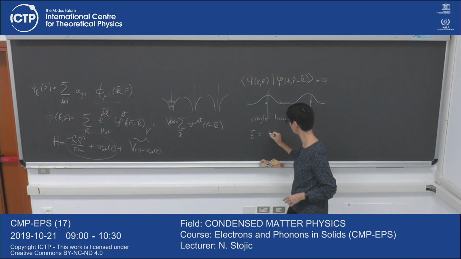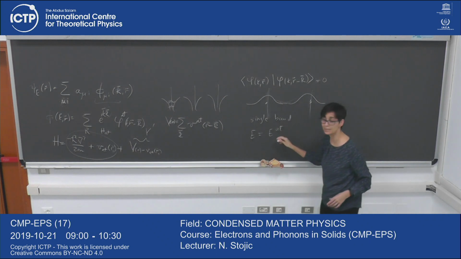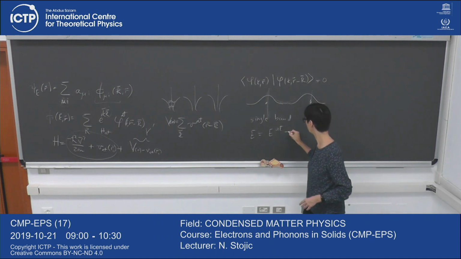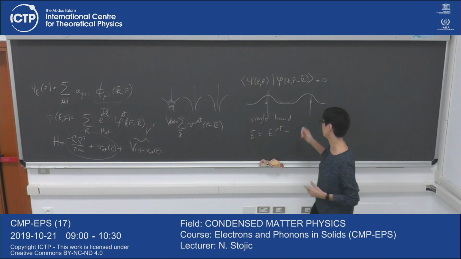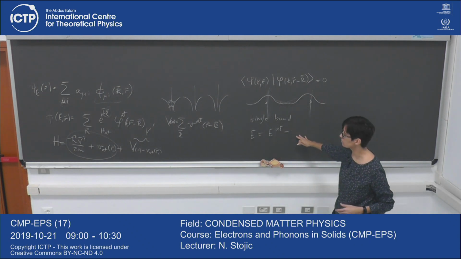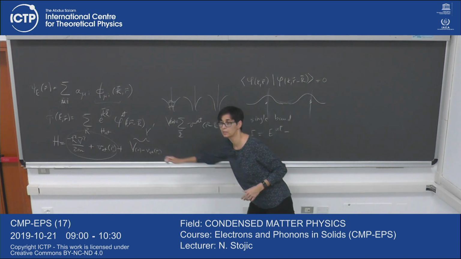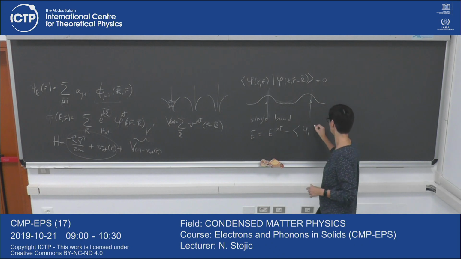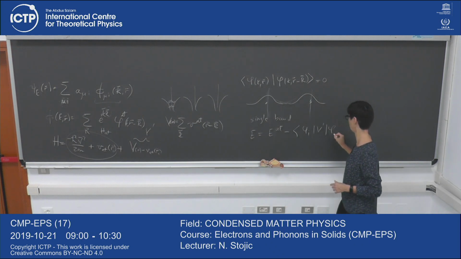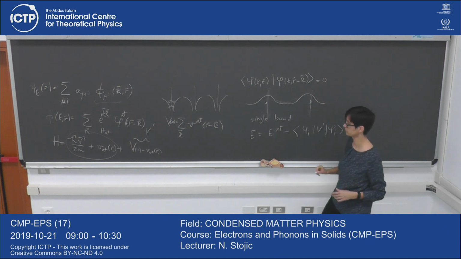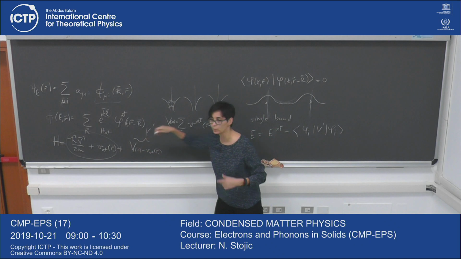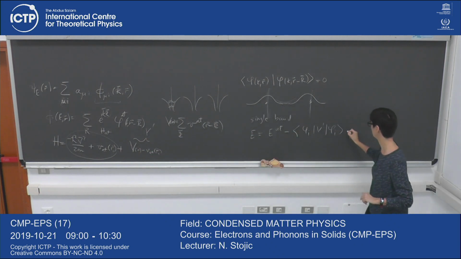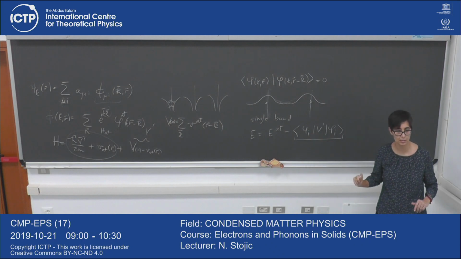Energy is equal to the atomic energy of that single band, minus or plus, we'll see later, the term which comes from V prime, at the same R, assuming the same R on both sides. And do you know what is the meaning of this term?